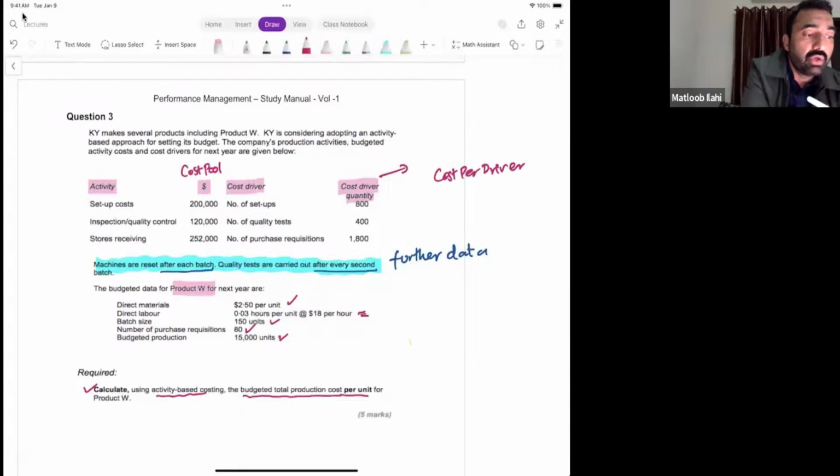We need this for our calculation, because without it we cannot absorb overheads into the cost of product W. You can take 4 minutes, do all this, and after that we will be doing the calculation. Please, must try.